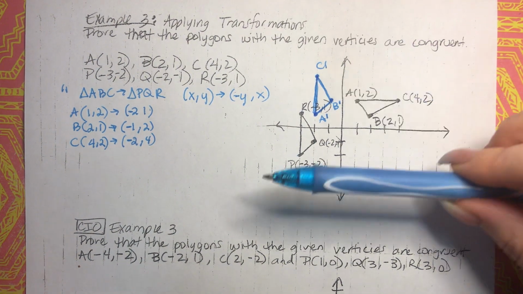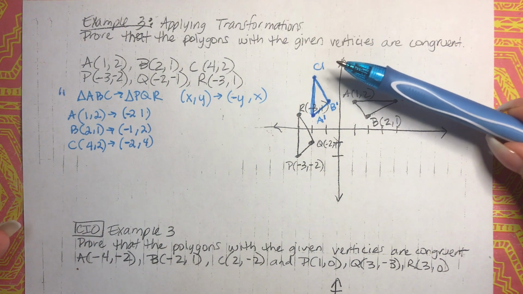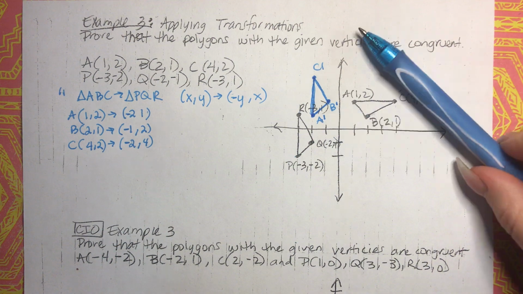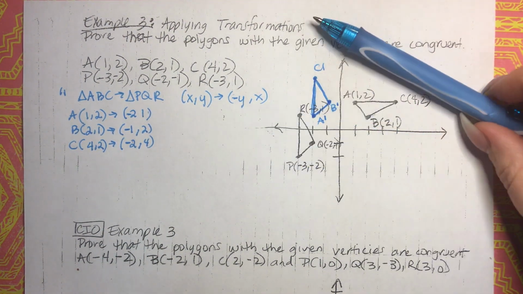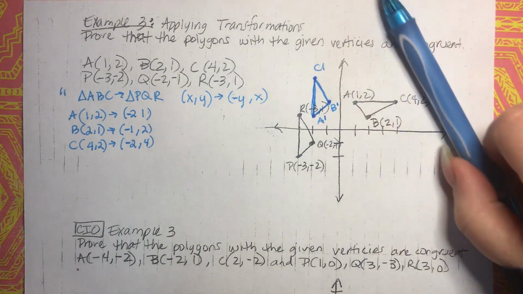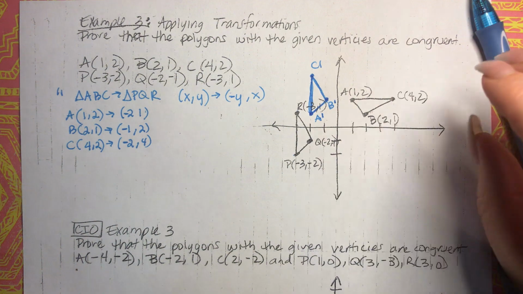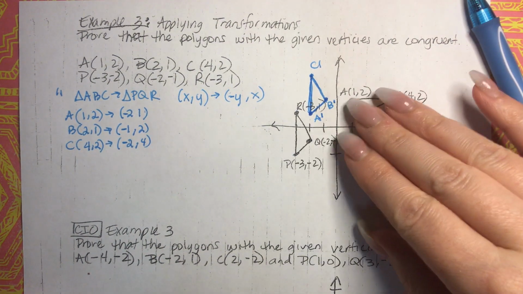If it's rotated, it's still congruent. And if it's translated, it's still congruent. So you could do any of those many, many times, and no matter how you rotate, translate, and reflect it, as long as those are the only 3 things happening, from the beginning to the end you're still going to have a shape that is congruent.